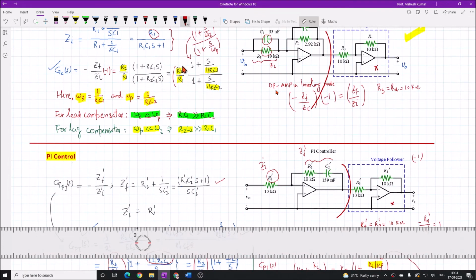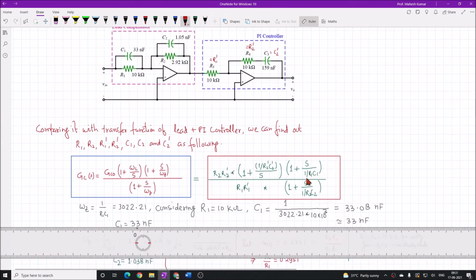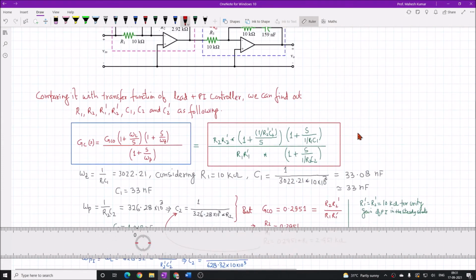So R2 by R1 into R2 dash by R1 dash, and then these two factors, numerator and denominator. So multiplying this and this, we will get this transfer function. And then we can compare to find out the values of remaining parameters.